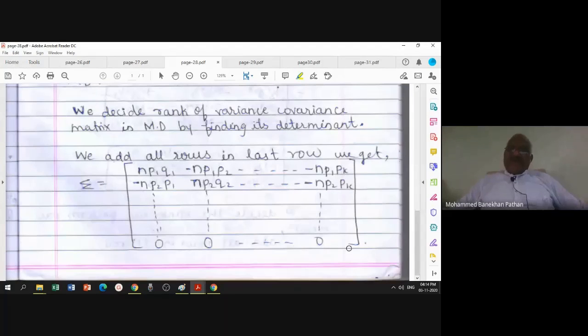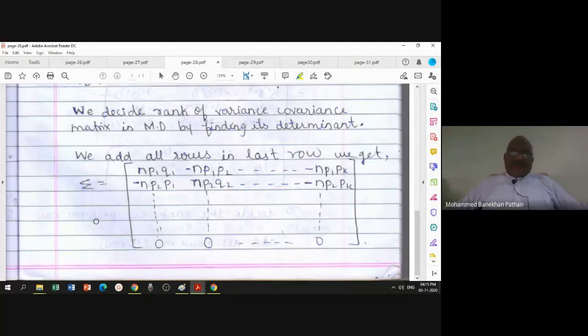And we know in mathematics, when you try to find a determinant, you can apply algebraic operations on rows and columns. By this, the determinant value does not change. So I made an algebraic operation on this matrix, adding all rows into the last row, and we get this answer.